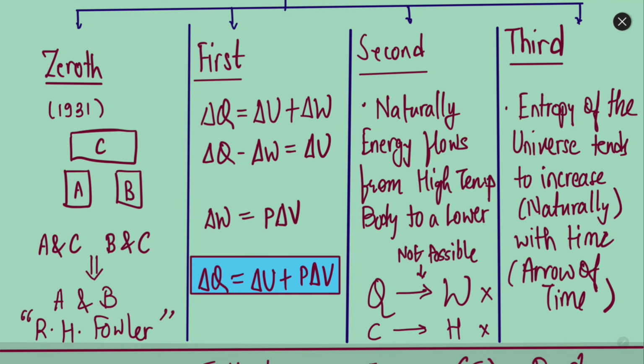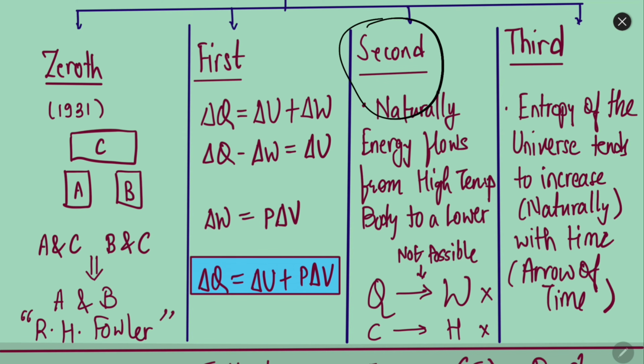The second law: the first law does not tell us about the direction of flow of heat. So according to the second law, naturally energy or heat only flows from a high temperature body to a lower temperature body.